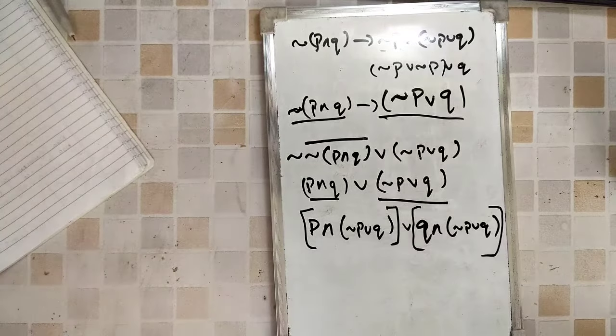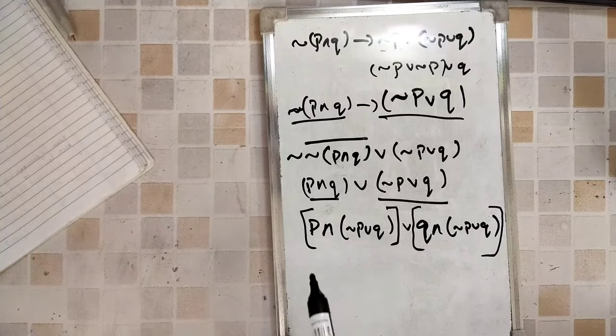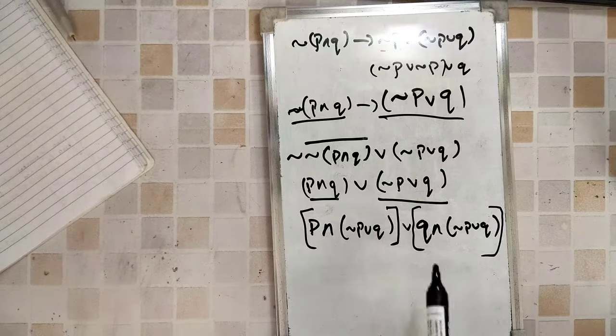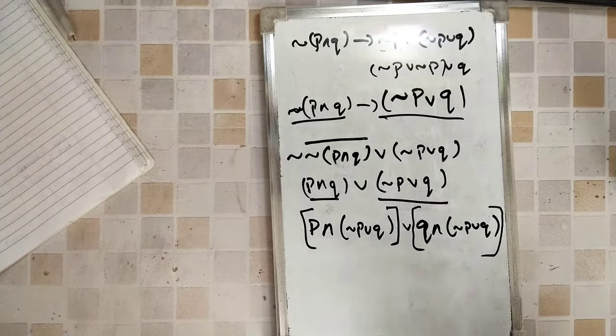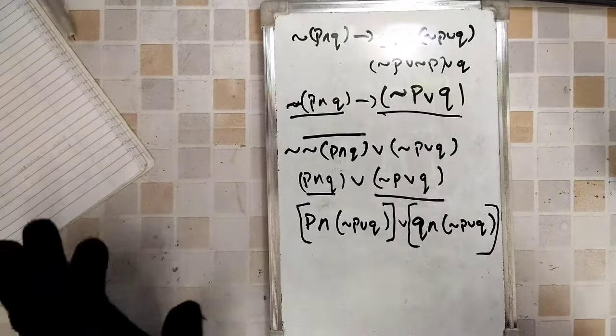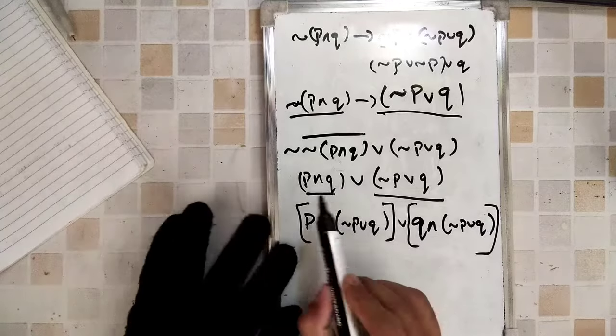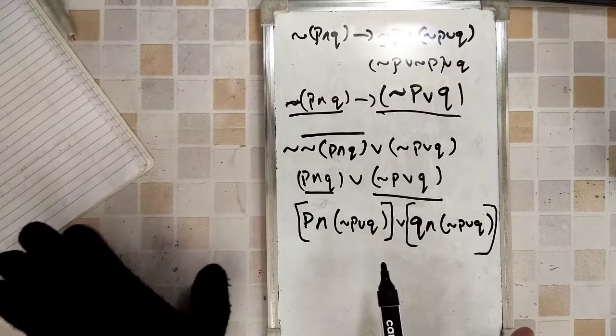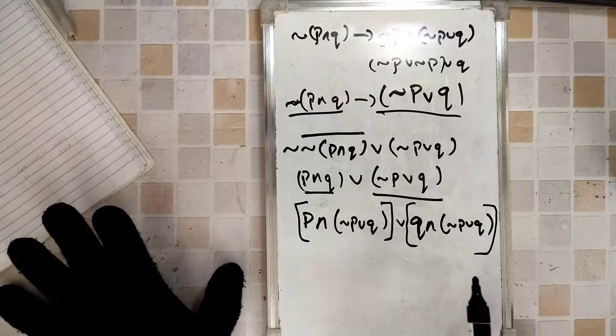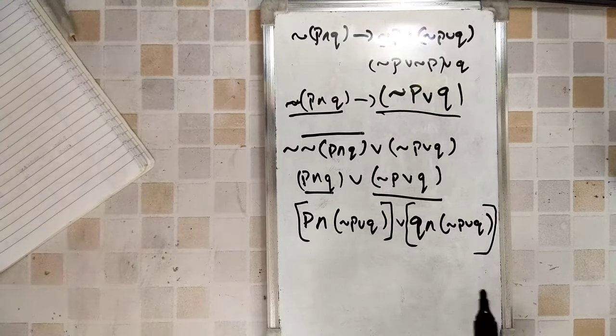Now if I have to take the distributive law, what will it become? Obviously it will become like that itself, P and Q, or this whole term will come, right? I just separated this and wrote it in the form of the distributive law. I hope you understand what I just did here.